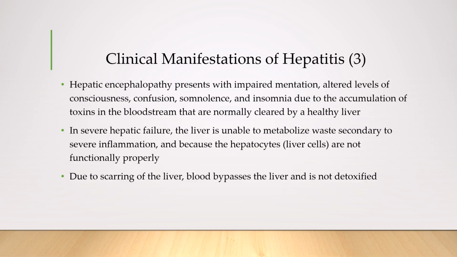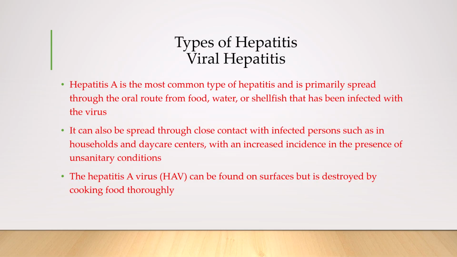In severe hepatic failure, the liver is unable to metabolize waste secondary to severe inflammation, and because the hepatocytes, which are just simply liver cells, are not functioning properly. Due to scarring of the liver, blood will bypass the liver and then it is not detoxified. So the toxins will tend to accumulate in the bloodstream.